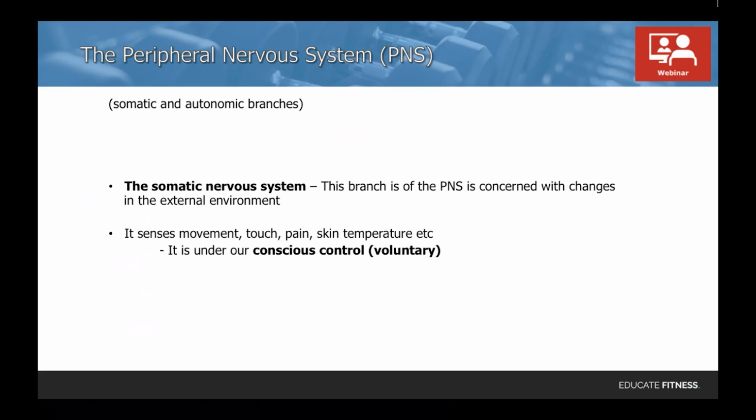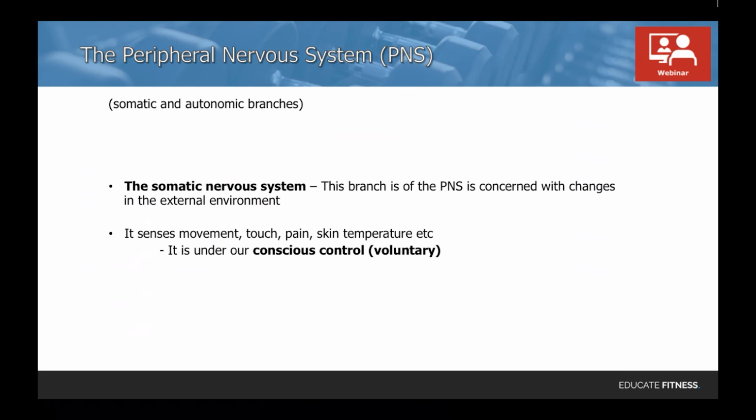So let's talk about that somatic branch again. The somatic nervous system branch is of the peripheral nervous system and is concerned with changes in the external environment. When we think of external environment, think about movement.